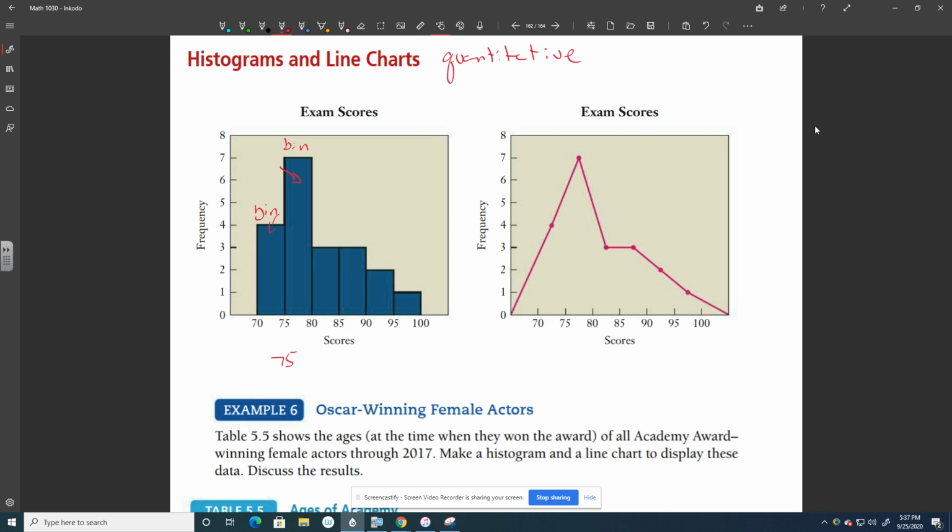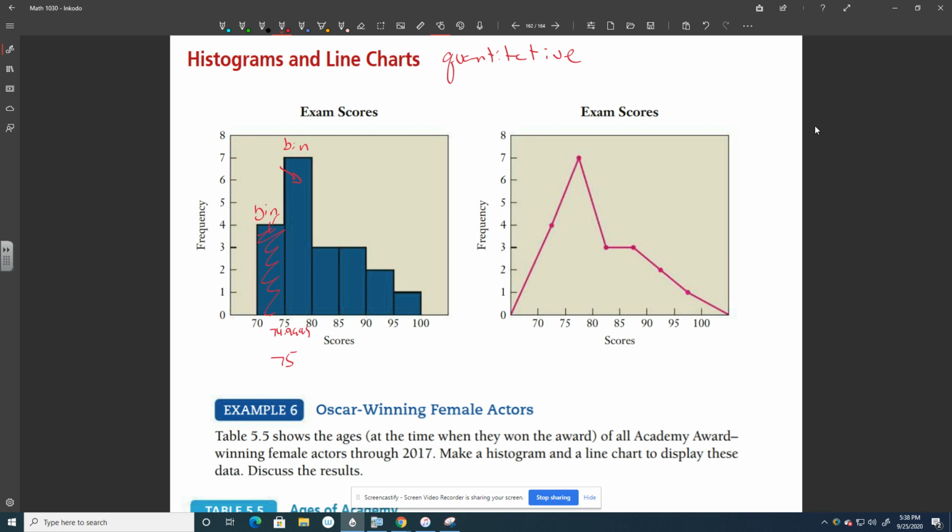Usually, the 75 is going to be this starting point. So when I would read this, I would assume anyone from 70 to 74.9999 is going to be in this bin. But once you hit 75, now they jump into this bin up until they get to 80. Because once they get to 80, they jump to the next one.